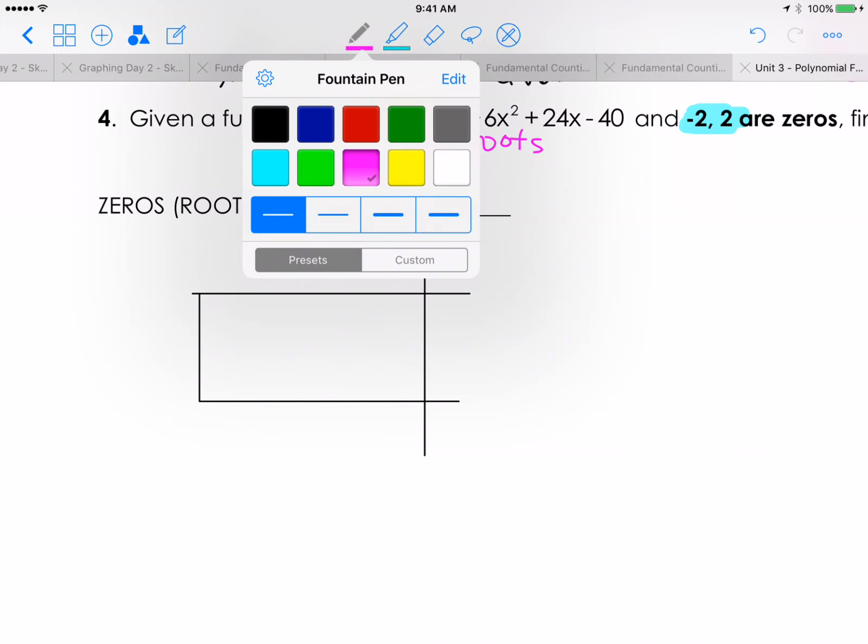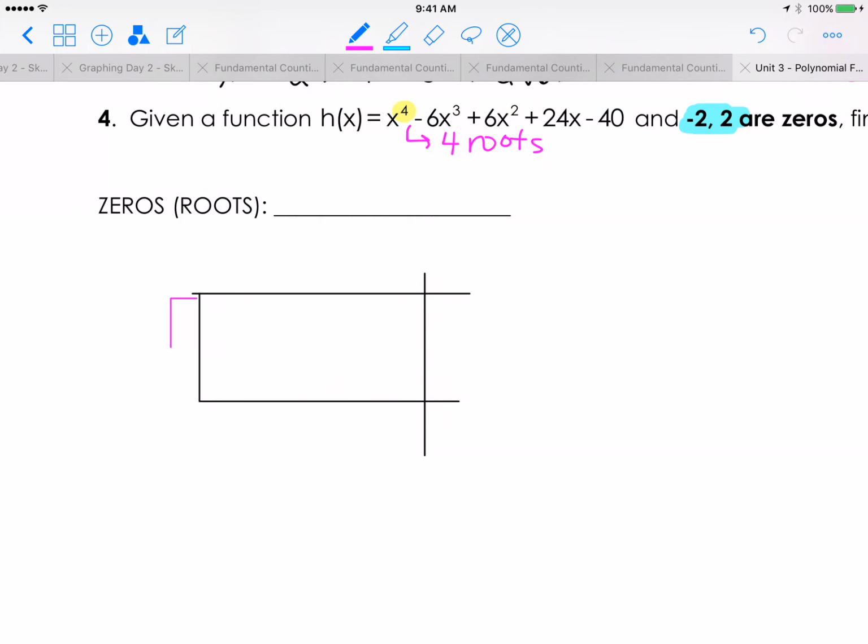So my first root, it doesn't matter the order you write them in, but I'm just going to do what was given to us first. So negative 2 was given to us first. So we start off with x to the 4th, x to the 3rd, x squared, x to the first, and then x to the 0. So the coefficient of x to the 4th is 1.